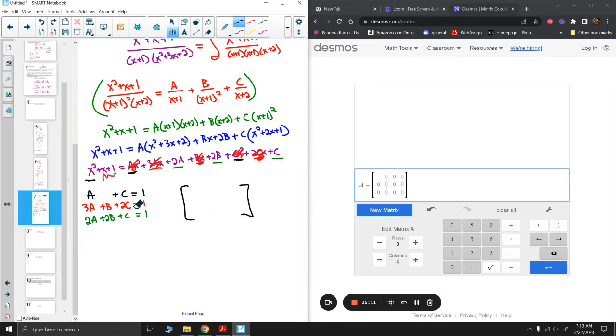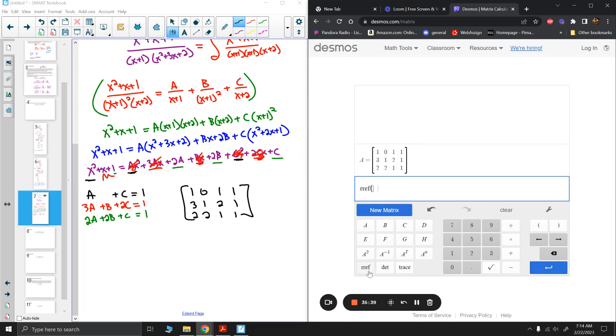So A's, B's, C's, and constants in this standard form can then be written as 1, 0, 1, 1, 3, 1, 2, 1, 2, 2, 1, 1. So that's our matrix. So we're going to enter that. So we have 1, 0, 1, 1, 3, 1, 2, 1, 2, 2, 1, 1. And we're going to do what we call reduced row echelon form on it.